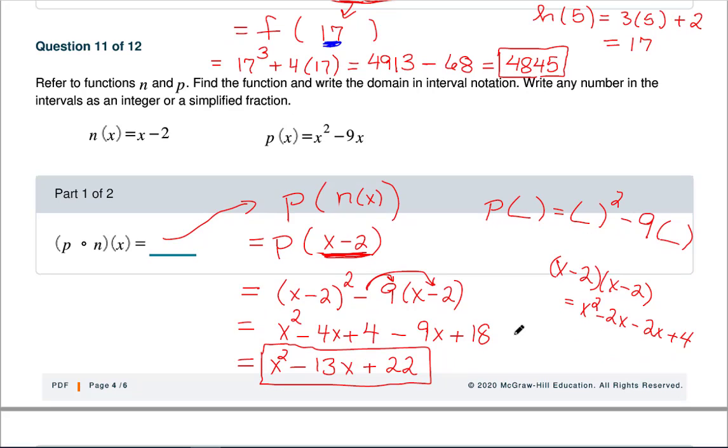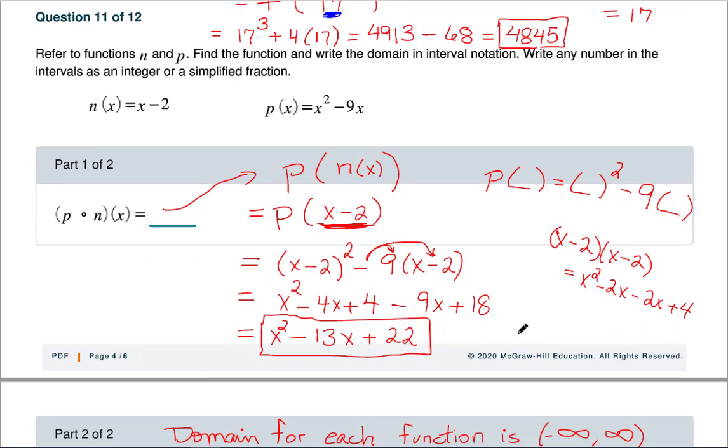All right, let's see. In question 11, we want to find p of n of x. So they didn't give us a number, it's just a generic x. So this is p of n of x. So the way I start this off is I just fill in, well, what's n? Well, n is x minus 2. So at that point, I have p of blank is blank squared minus 9 times blank. Here's p, right?